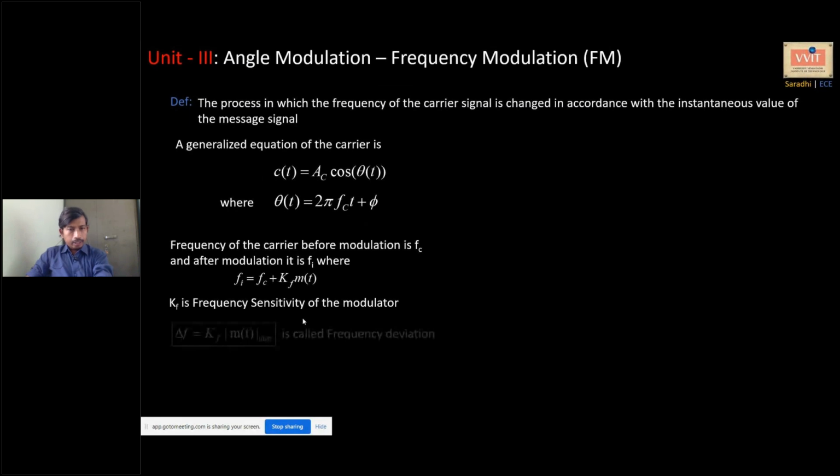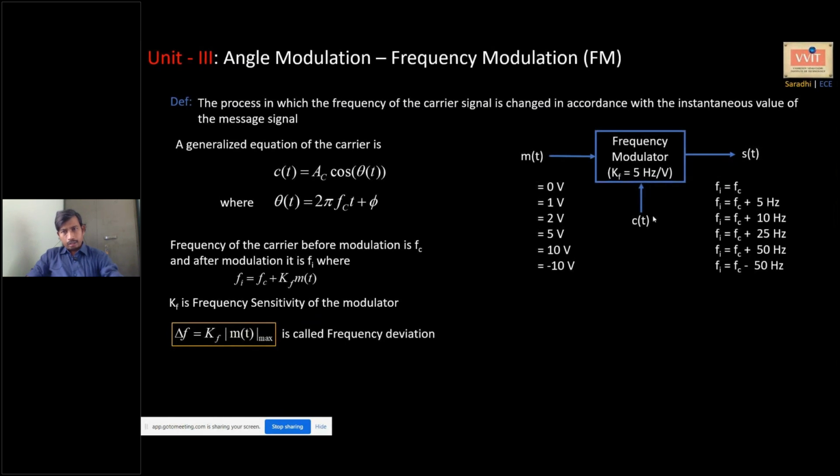Now there is another term called frequency deviation, which we will define a little later, which is expressed as kf times the maximum value of the message signal. So this is the frequency modulator. What actually happens is if message is 0, instantaneous frequency is equal to fc, which means unmodulated.